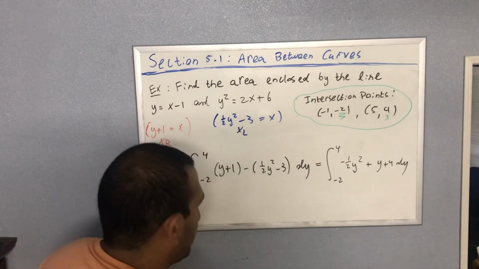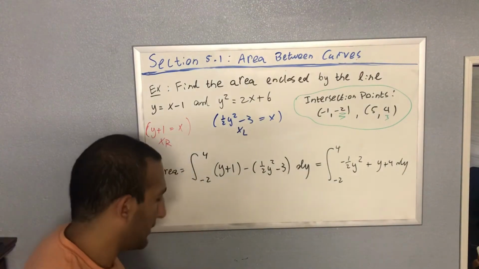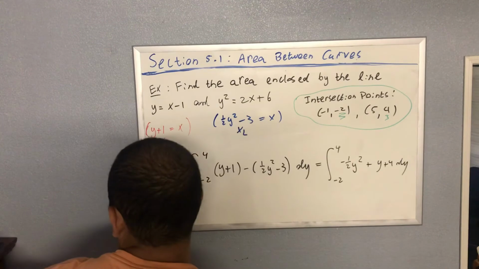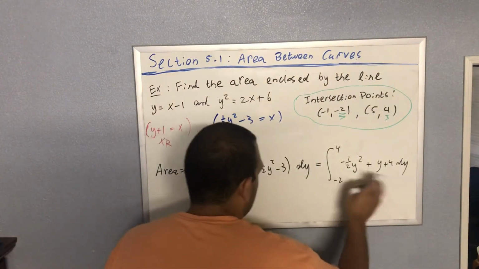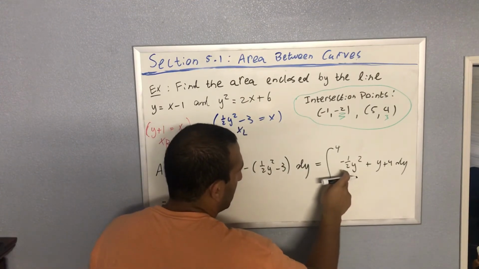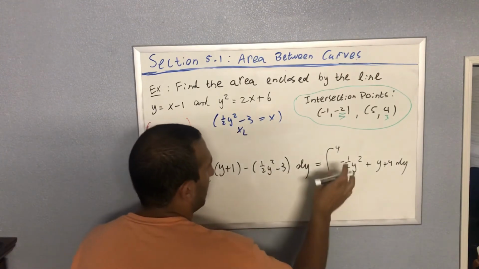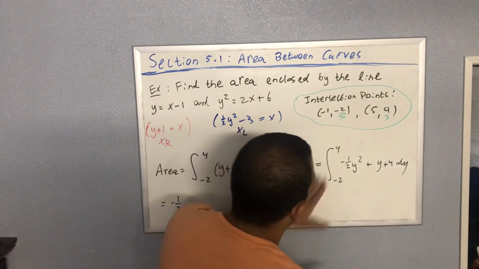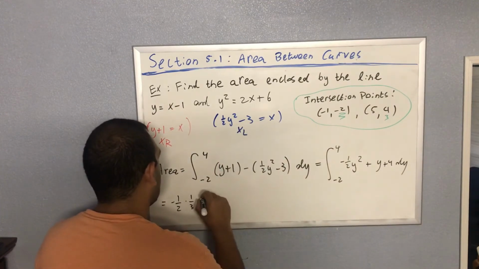So then, if we work out the antiderivative, I'll leave the evaluation for you guys, but just to show you it doesn't matter whether we use x or y. This antiderivative, or integral, is, remember, we ignore the negative 1/2. You just say it's negative 1/2 times whatever the antiderivative of this guy is, which is 1/3 y cubed.